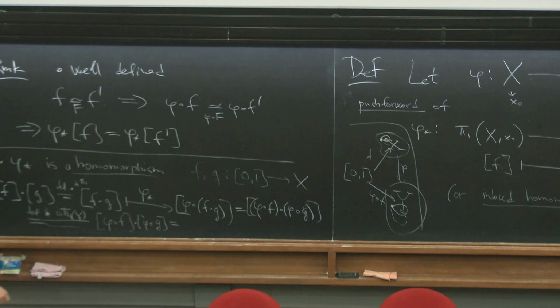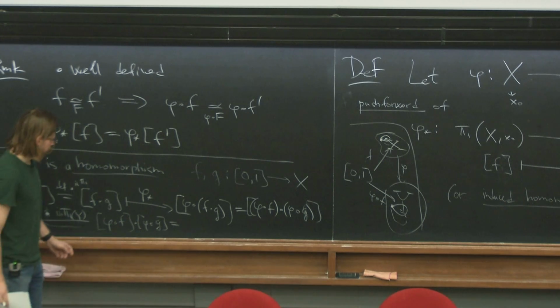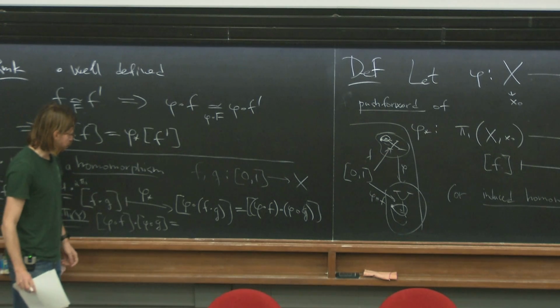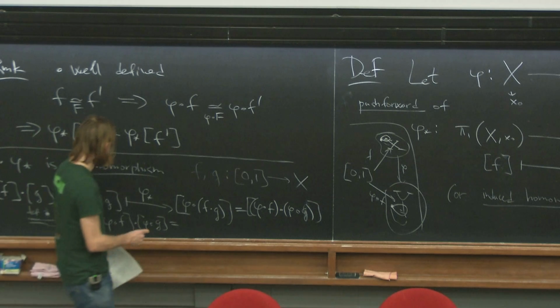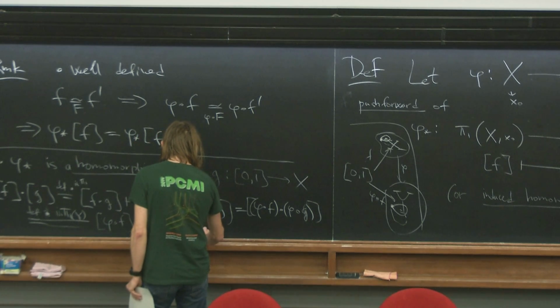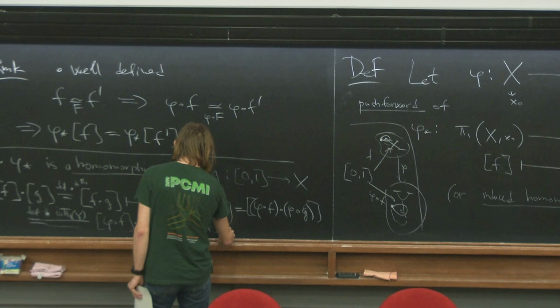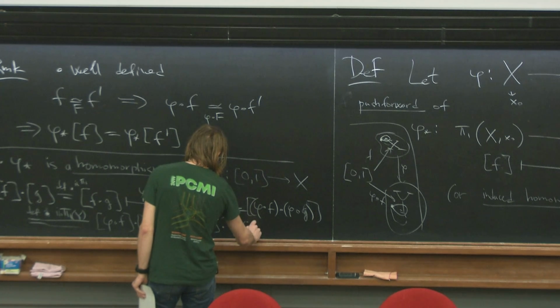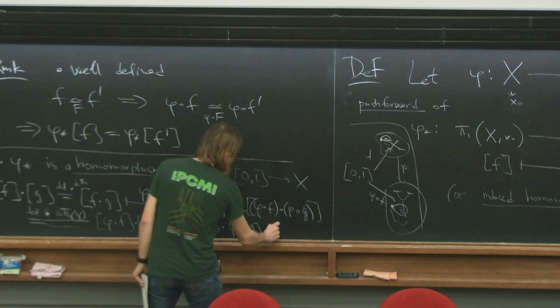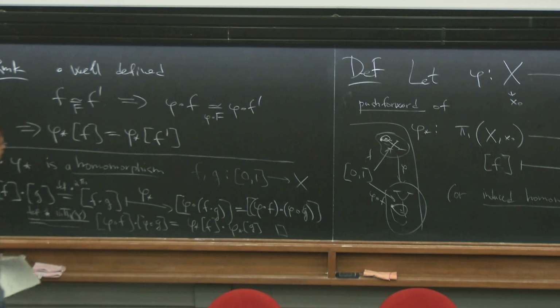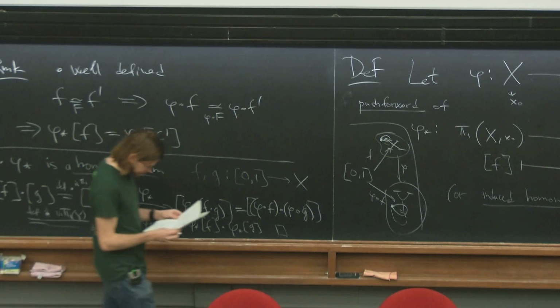And then we again use the definition of our push forward phi star. This is the same as phi star applied to the class of f multiplied by phi star applied to the class of g. This proves the well-definedness of this map on pi 1s, and this proves that it's indeed a homomorphism.